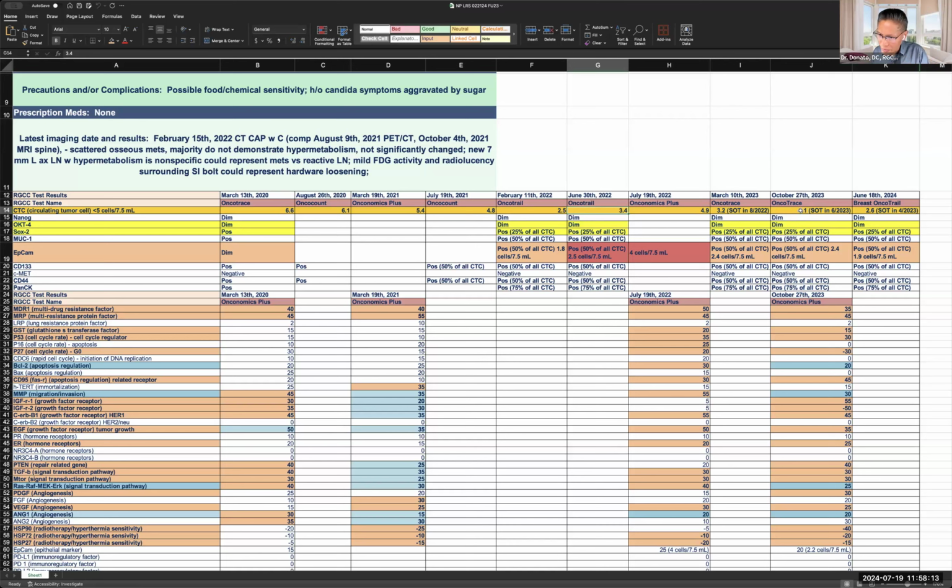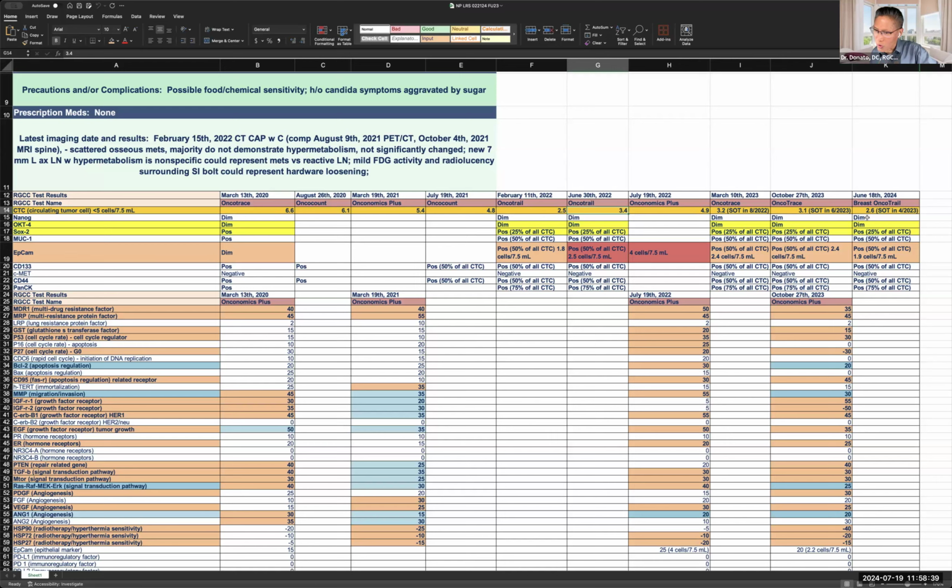It was still in the 3 range. So I ordered the Onconomics Plus at the same time that I did the OncoTrace, and I redid the protocol. And then in April of 2023, that's before I saw her in June, she received another cancer SOT. And when I saw her in June of this year, it was down to 2.6.